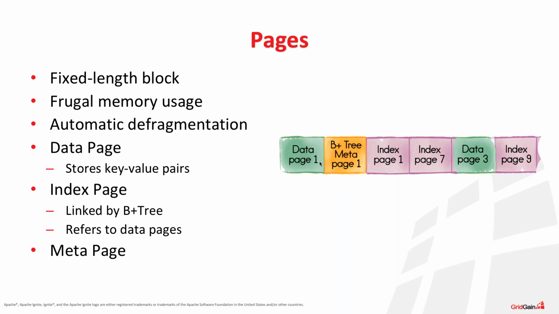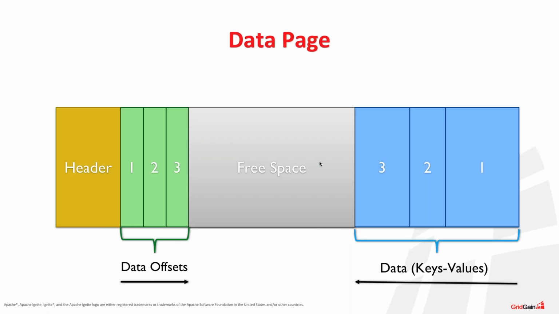Next, now let's take a look at how the data page looks internally. Every data page consists of 4 main building blocks. The first one is an internal system header, which is just needed for internal usage. And next, there is your actual data that you put into the cluster, and data offsets.